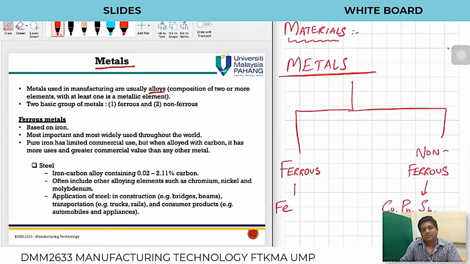We have got titanium, very famous, from Titanic. Then we have got aluminium, aluminium foil. Then we have got magnesium, Mg. So there are various non-ferrous materials.